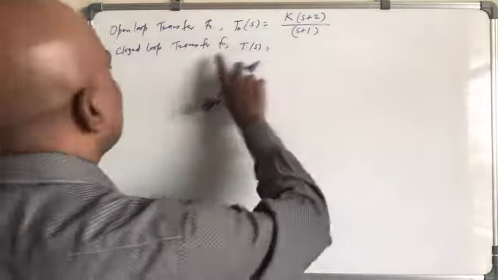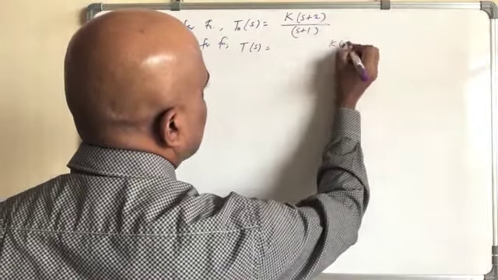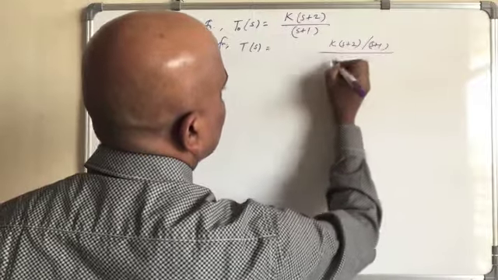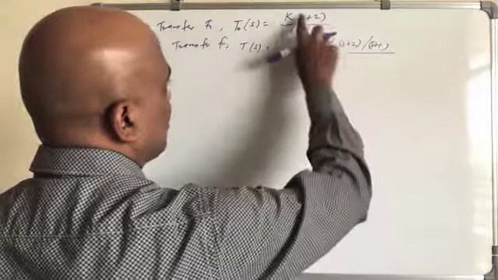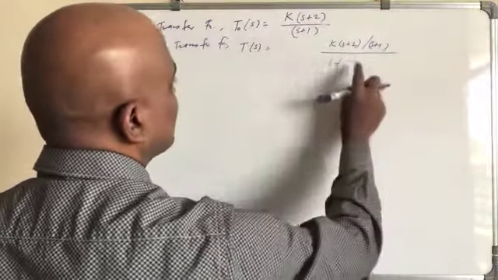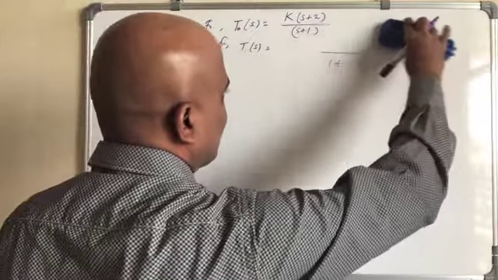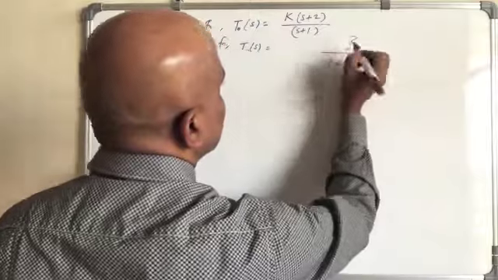Hence the closed loop will be equal to K(s plus 2) divided by (s plus 1), 1 plus, and here we don't know. Unless we know what exactly the configuration is, we cannot find out. So let's just say question mark here.